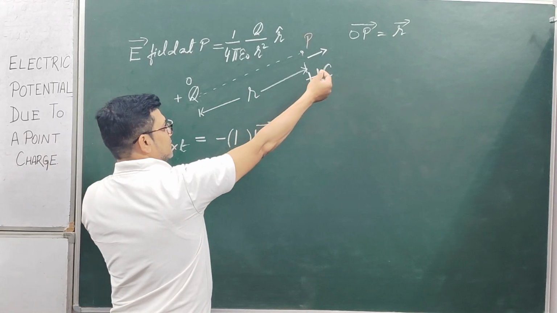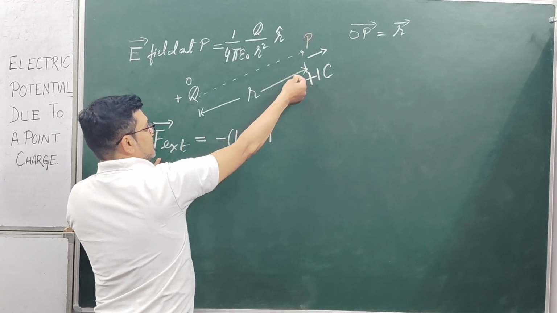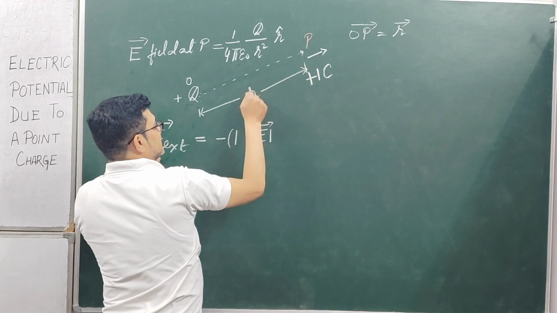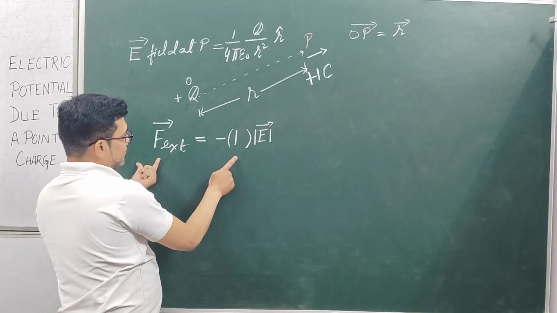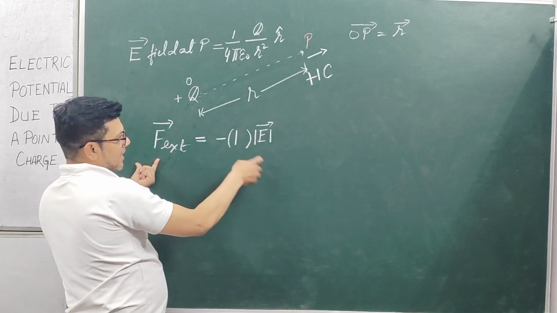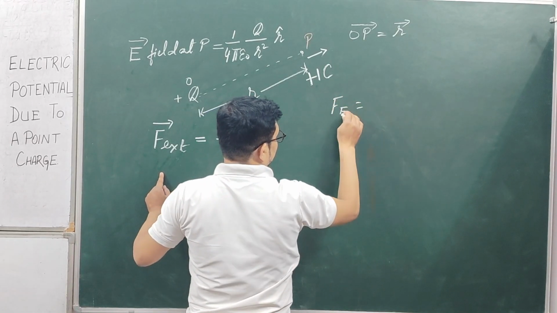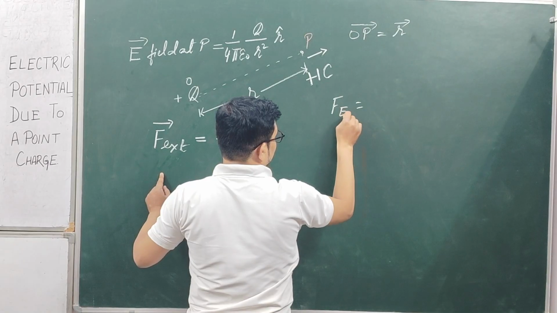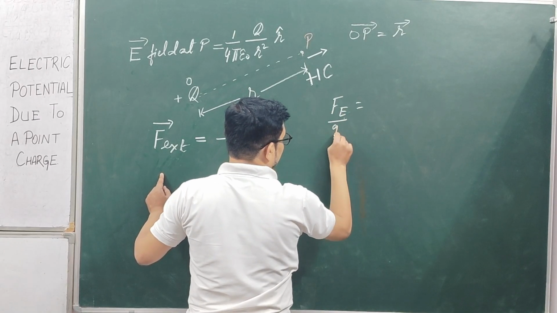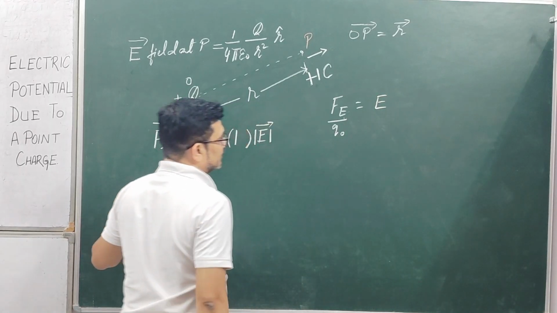Force external is the force you would exert to bring that charge, do the work against this. So if you want to write an equation, it should come minus the electrostatic force. And we know this electrostatic force, if you divide by per unit charge, test charge, comes out to be electrostatic field.